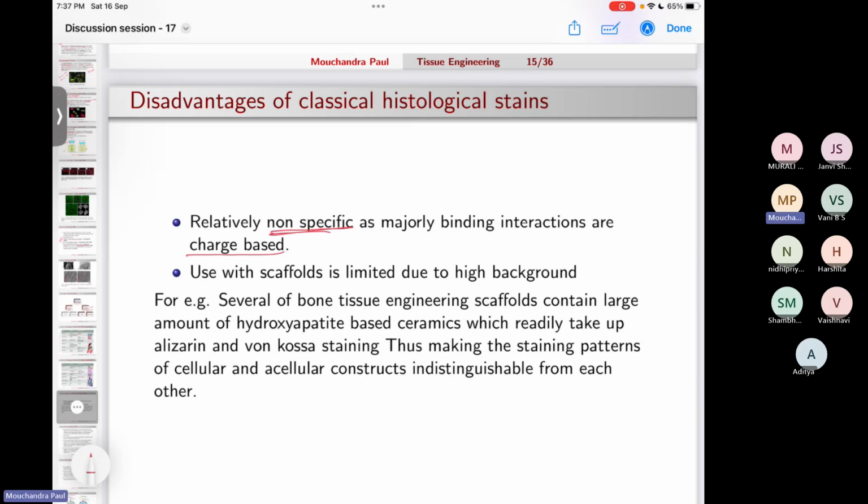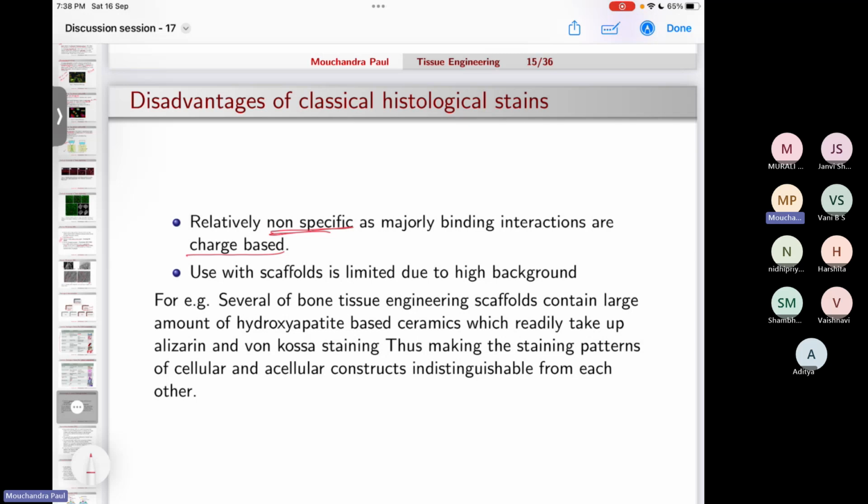So the dye that you're using is going to bind with the calcium secreted by the cell as well as that present on your scaffold. So you cannot distinguish or quantify how much calcium is secreted by the cell. So this kind of limitation comes into place, and then you have to play a bit smartly and think how to use these kinds of stains for your purpose.